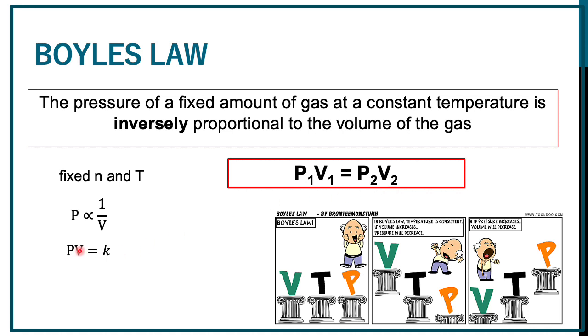Because this one is PV equal to K, so when you have 2 pressures and 2 volumes, you can calculate using this one. P1V1 equal to P2V2.